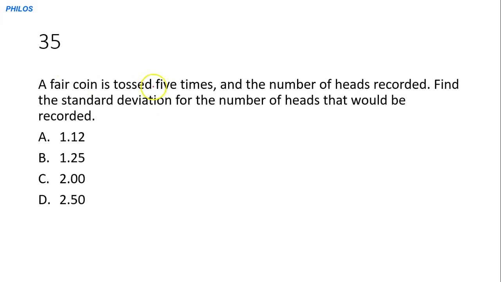Question 35 says, a fair coin is tossed 5 times and the number of heads recorded. Find the standard deviation for the number of heads that would be recorded. So to get a standard deviation, the number of coins is 5 and the probability of getting a head in one tossing will be 1/2. Now we know that mean is equal to n times p, variance is equal to n times p times q.